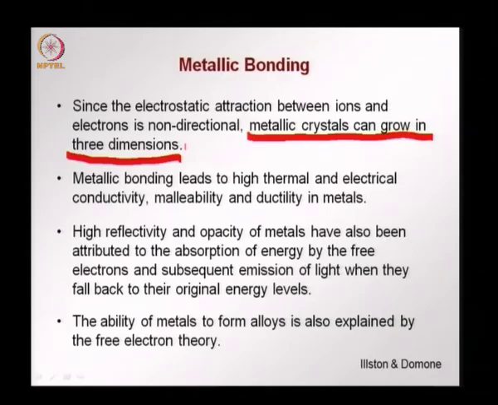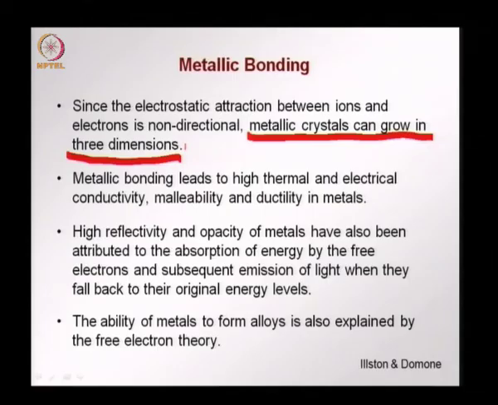Also, we find that the metallic bond, due to its nature, gives high reflectivity and opacity to metals. We know that metals are generally shiny, that means they have high reflectivity, that means they reflect light, and they are also opaque, they do not let light through, and this is attributed to the energy absorption by the free electrons and the emission of light when the energy levels fall back.